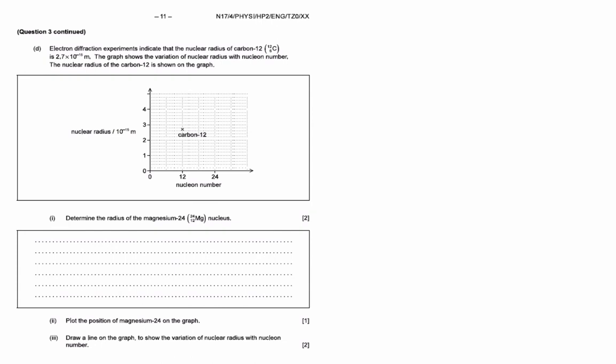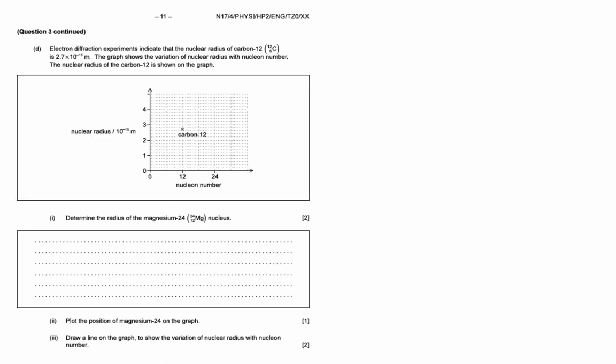Well, I just used the formula for the radius of an atom, R naught A to the 1/3. Maybe we're supposed to read the graph and use that. Let's see what it is.